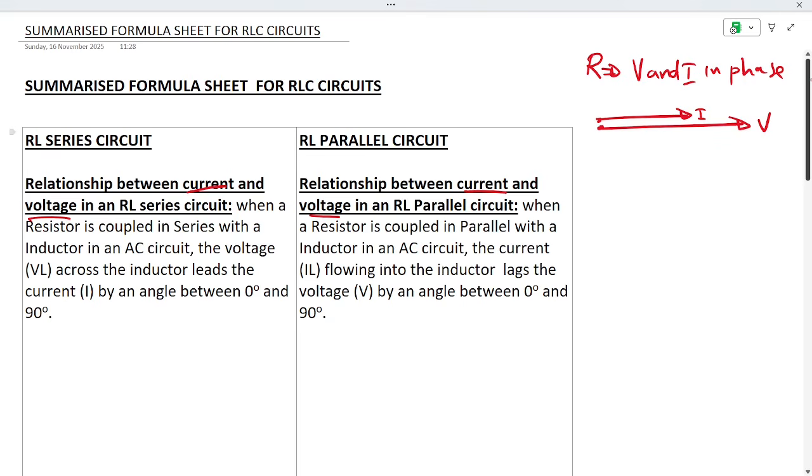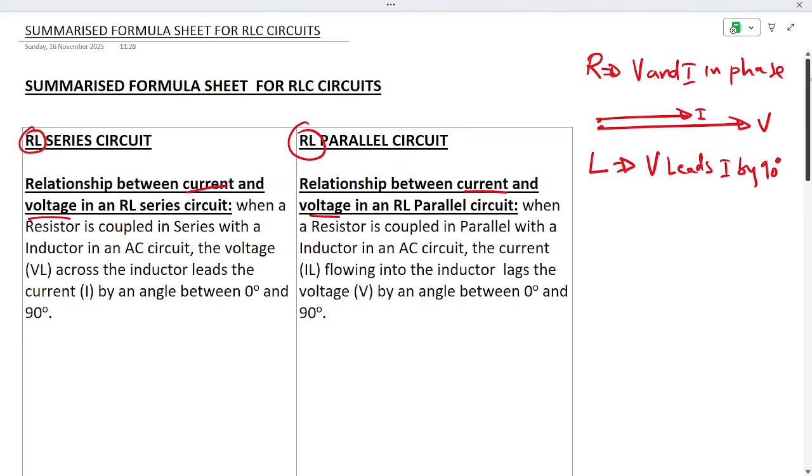In an inductive circuit, because the RL circuit we're solving here means resistor and inductor, what happens? The voltage leads the current by 90 degrees. So what does it mean in terms of phasor diagram?